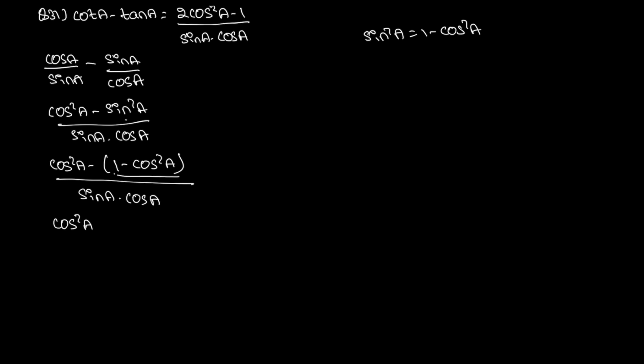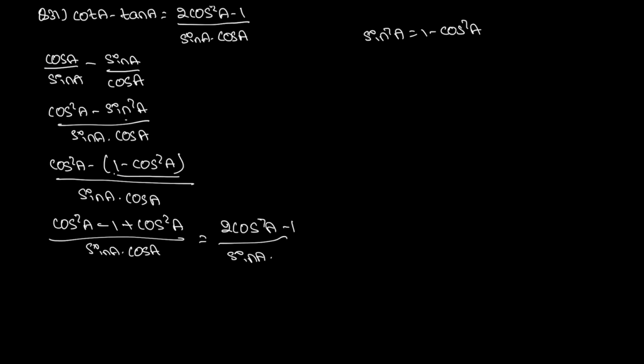We'll get cos square minus 1 plus cos square A by sin A into cos A. Cos square plus cos square is 2 cos square A minus 1 by sin A into cos A. This is our required RHS value.